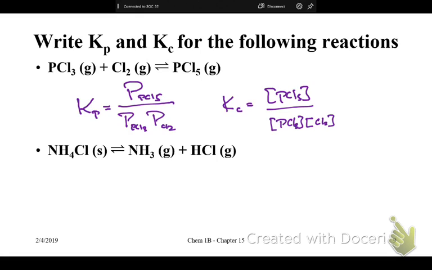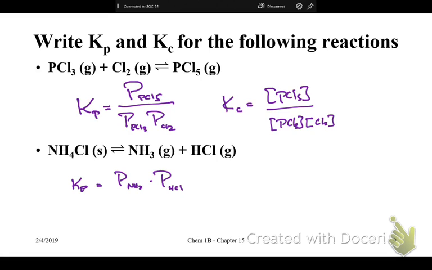And then for the next one, this one always freaks people out. KP equals what? PNH3 times PHCl. And then NH4Cl, the reactant, is a solid, so you don't include it. It's over 1 in essence. So that's all you write.